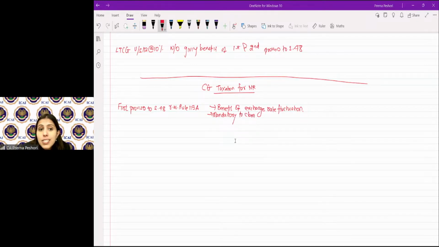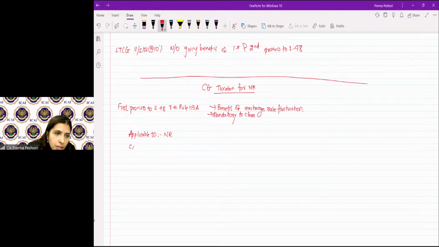Now, this is applicable in which circumstances? This is applicable to a non-resident on the transfer of the shares or debentures of the Indian company.